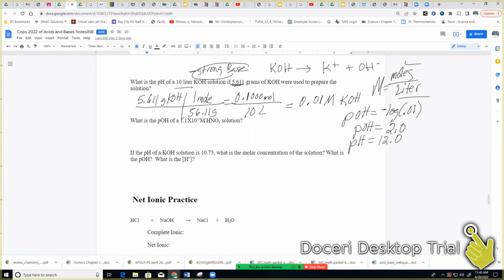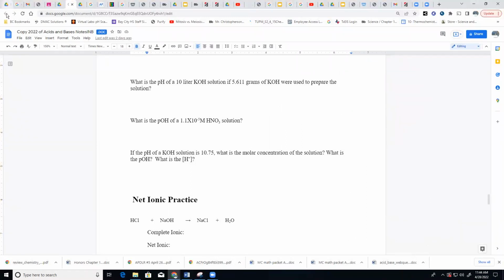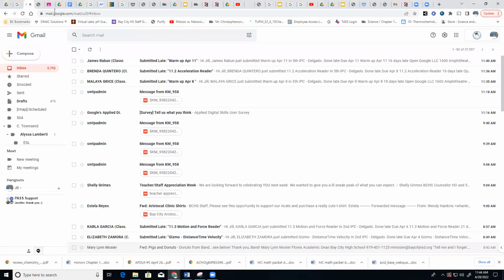All right, any questions on that particular one? All right, let's look at the practice, the one that has all these lines on it. It looks a little bit overwhelming, but it's not.